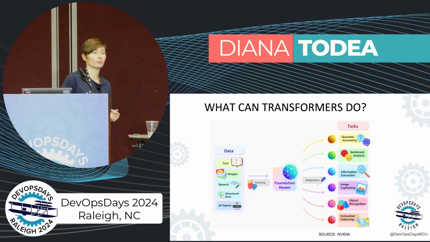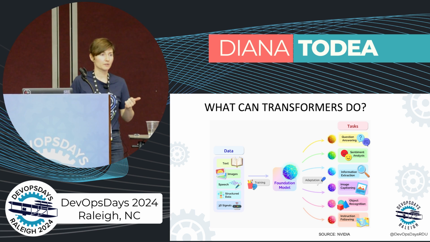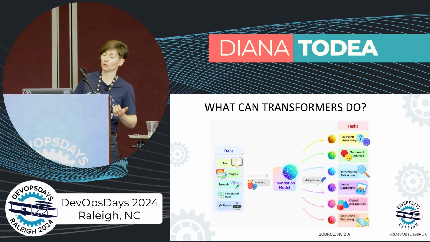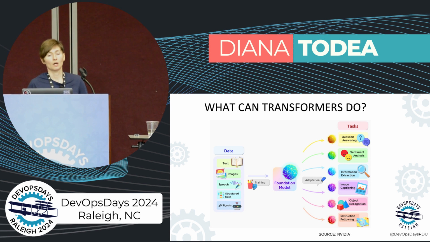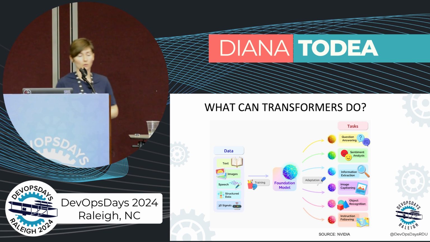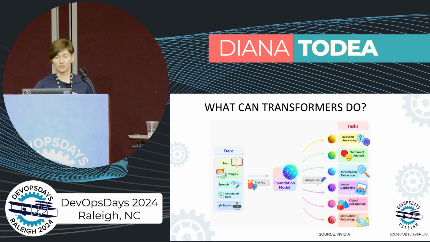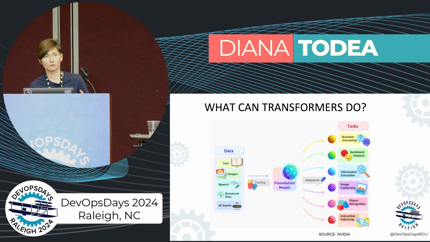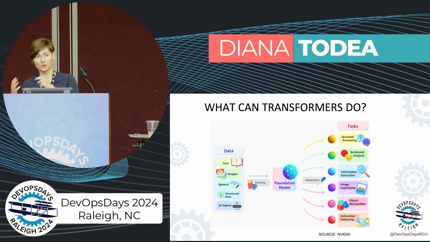We use them when we go online and search for an answer on search engines, when we want to detect trends and anomalies to prevent fraud, and when we are translating text or speech in real time. So basically, we are using transformers a lot. They come in very handy once we start applying them in real life, so we'll see that a bit later.